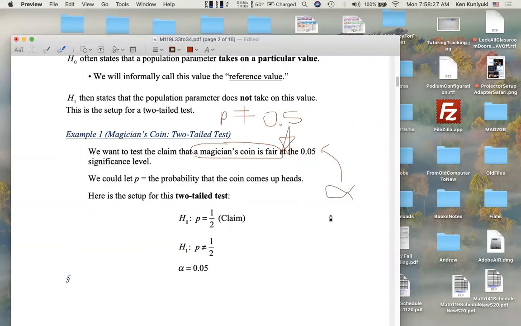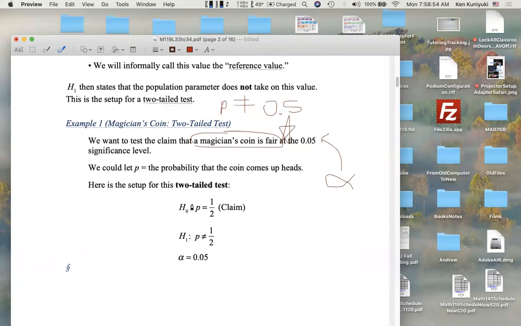Alpha is 0.05, which is standard. So we could let P be the probability that the coin comes up heads. There are basically only two parameters you could realistically set up: either the probability the coin comes up heads or the probability the coin comes up tails. Let's let P be the probability the coin comes up heads.